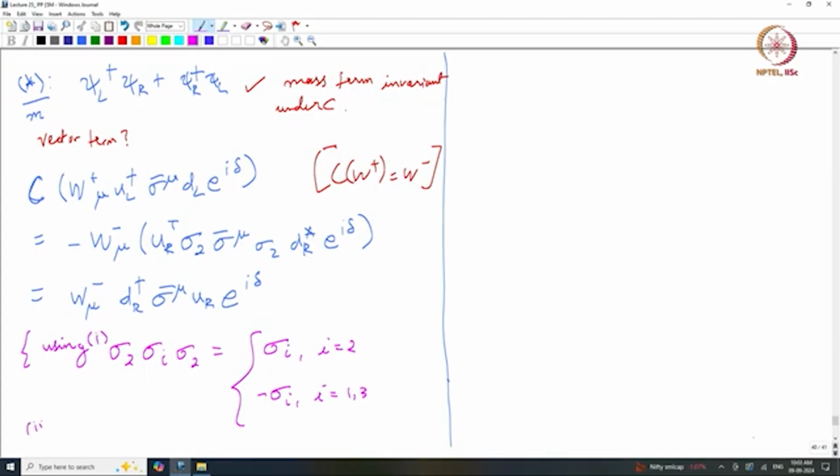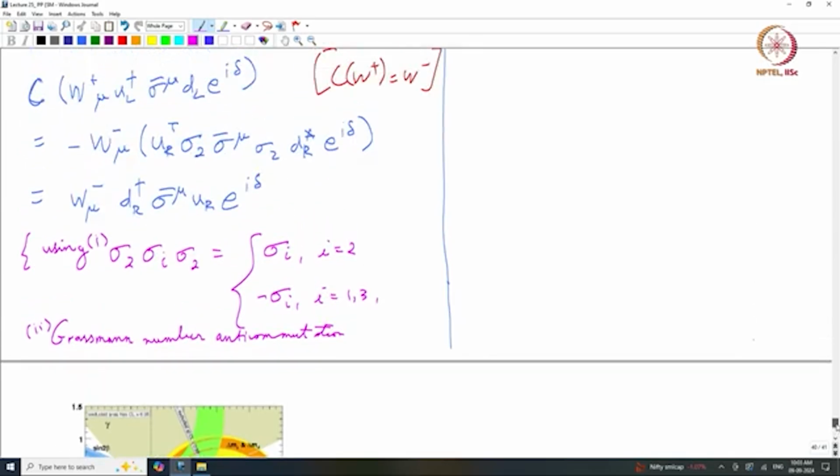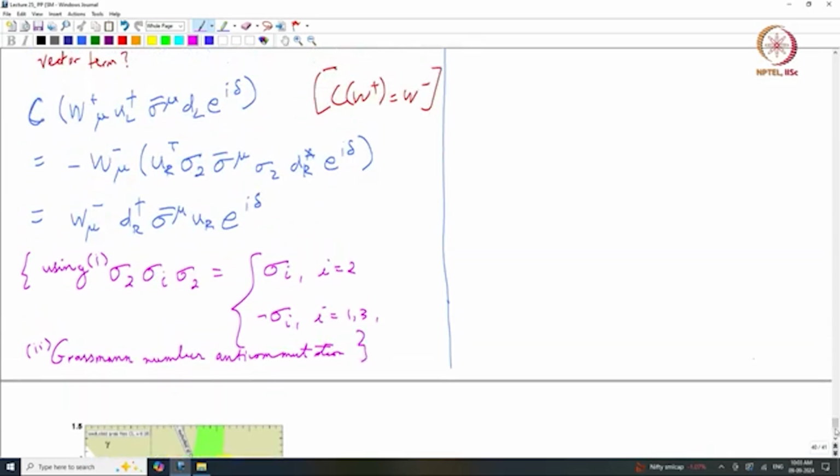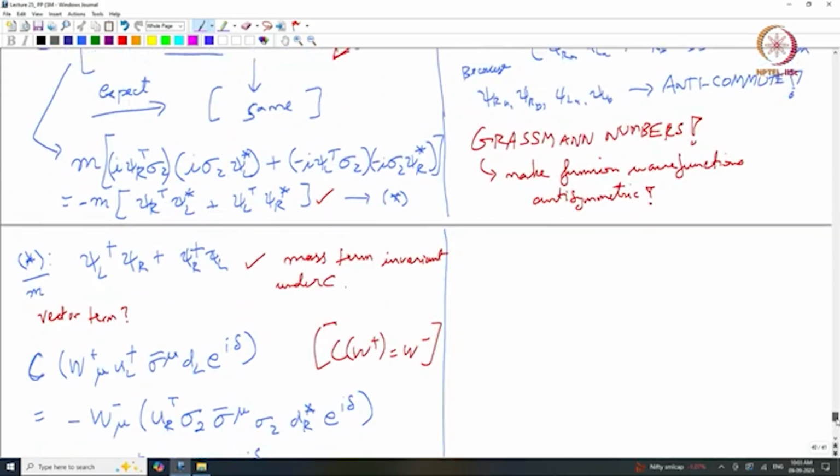I also used the trick that we just made use of, which is Grassmann number anti-commutation. Okay. Good. So, that is why I was able to move DR dagger to the left and UR to the right using the Grassmann number anti-commutation. Okay.